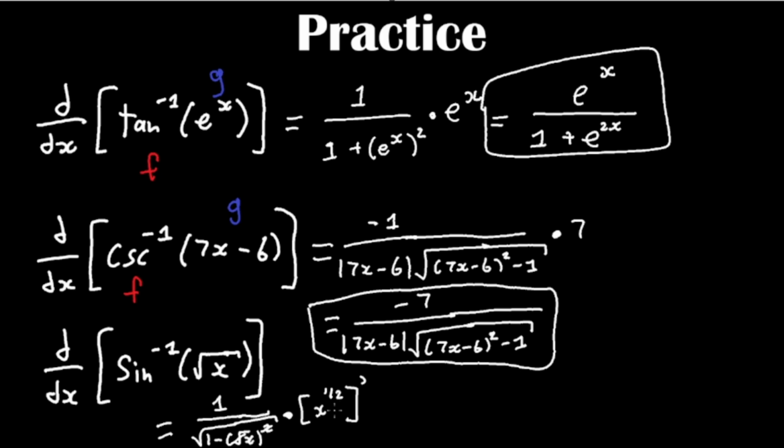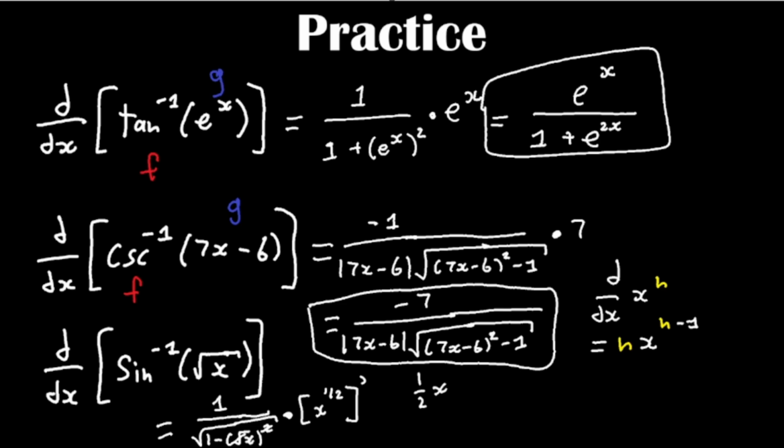So we know that the power rule tells us the derivative of x to the n is equal to n times x to the n minus 1. So this is going to become the derivative of x to the 1/2. That's 1/2 x to the negative 1/2.